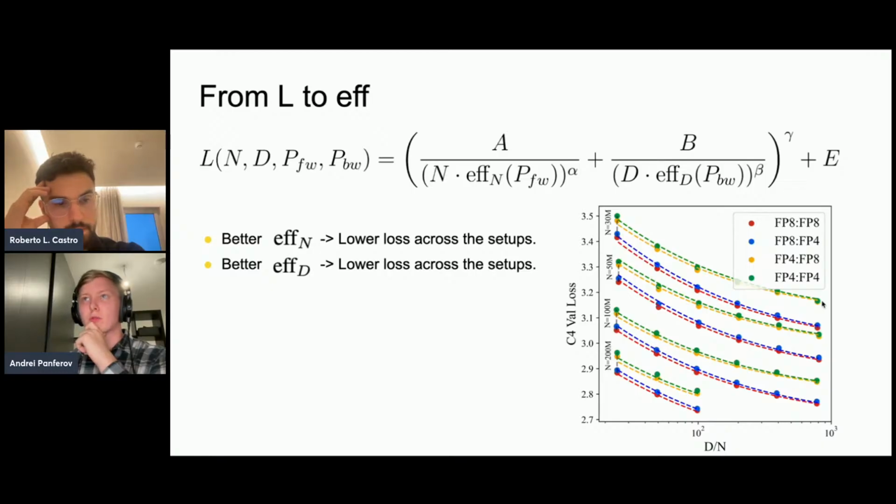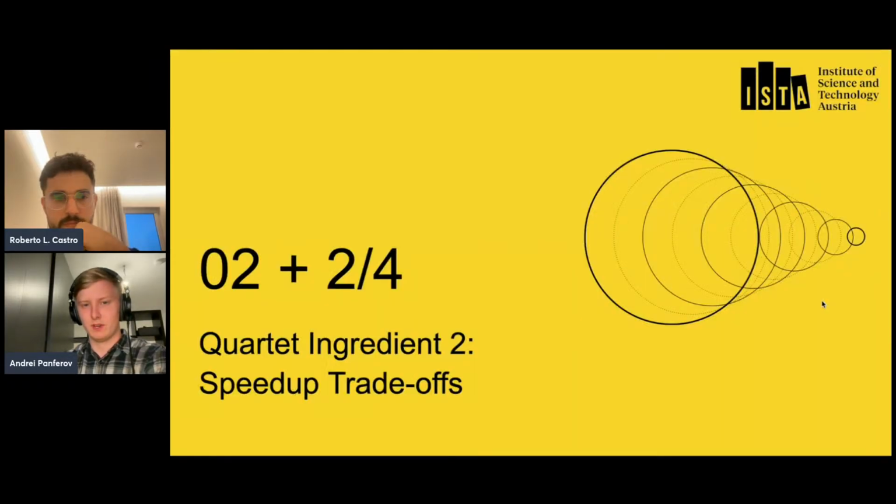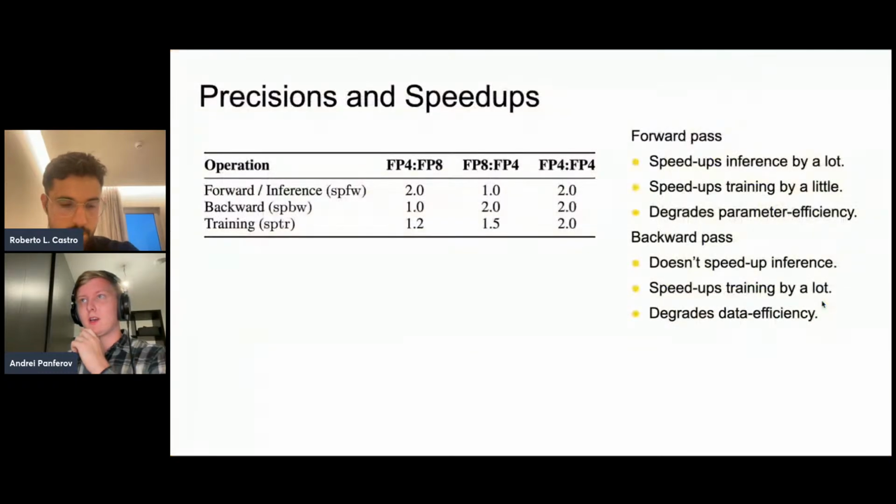From the form of this scaling law, we can compare different methods by simply comparing the effectiveness factors, meaning that if one method has both better forward and backward effectiveness factors, that is, the parameter count multiplier and the data amount multiplier are higher for this method, then this method would produce lower loss across the setups, and we could say that it's better in terms of quality. But again, it's not only about quality, it's also about the speedups.